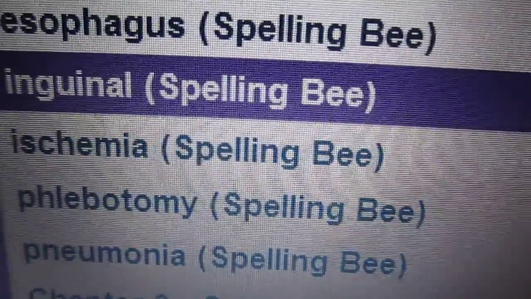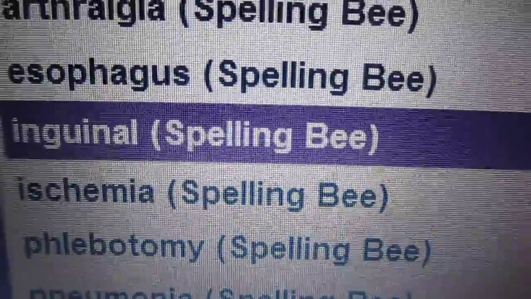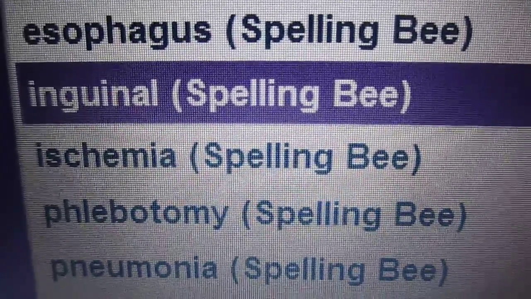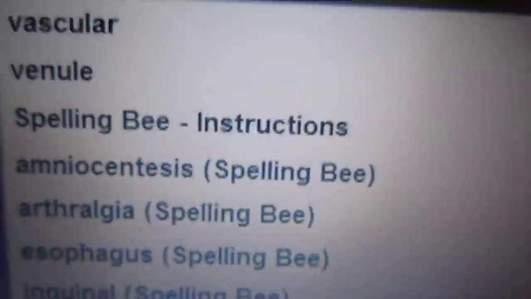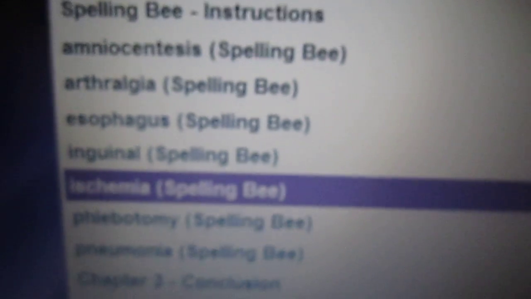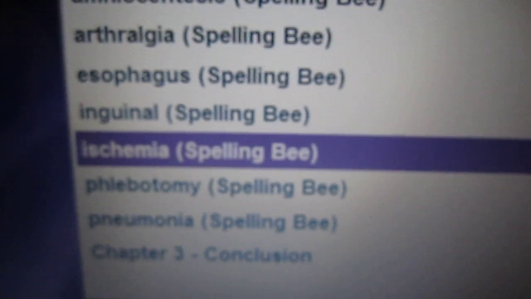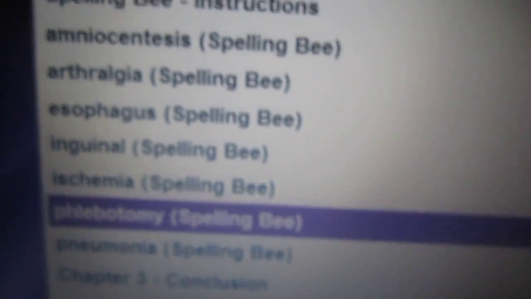Inguinal. I-N-G-U-I-N-A-L. Ischemia. I-S-C-H-E-M-I-A. Phlebotomy.